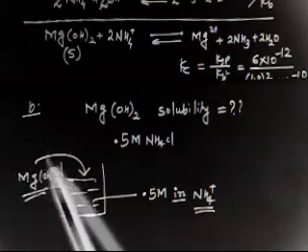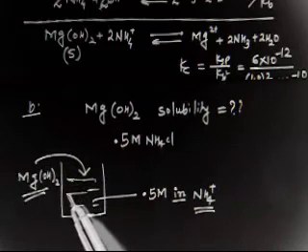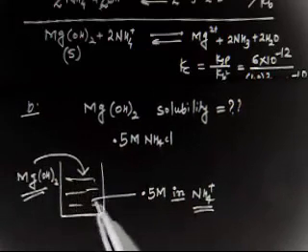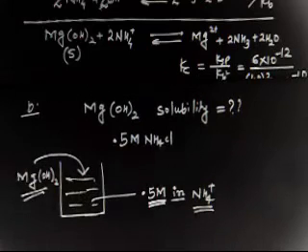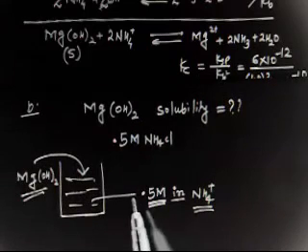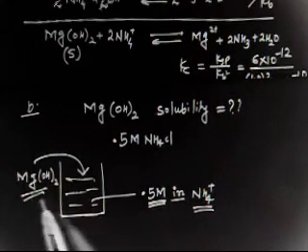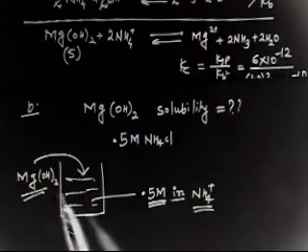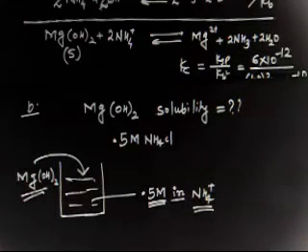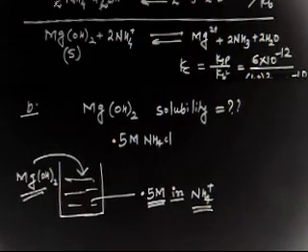But now, when Mg(OH)2 is dissolved in the solution that contains NH4+, initially 0.5 M, some of the Mg(OH)2 will dissolve into the solution, and the OH minus will react with NH4+. So now we will use the first part of the question.